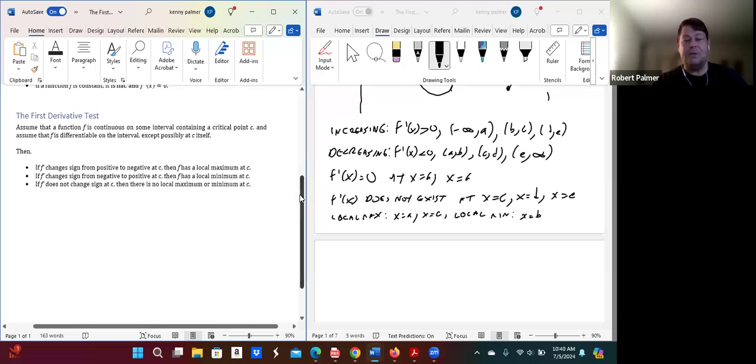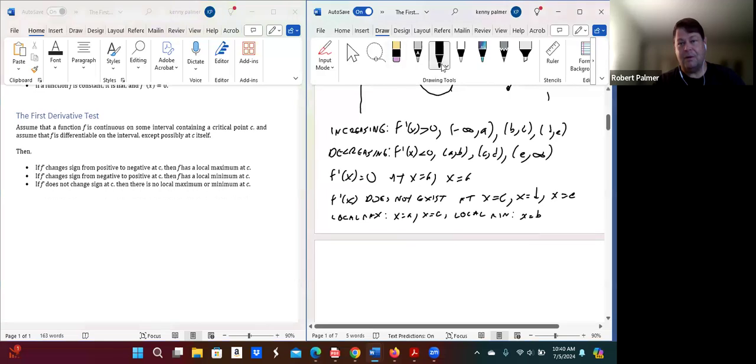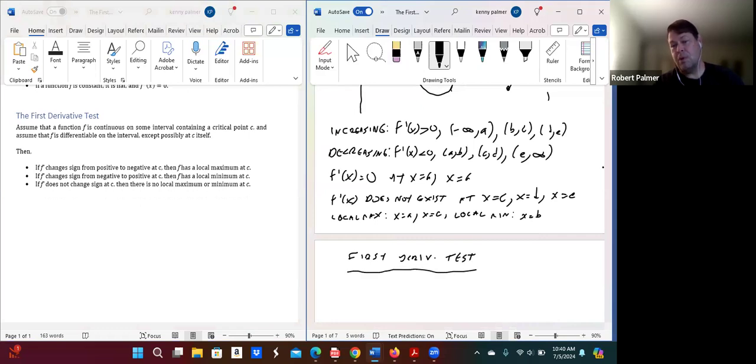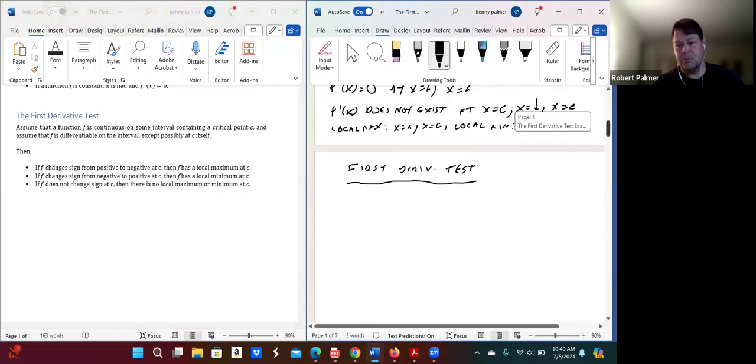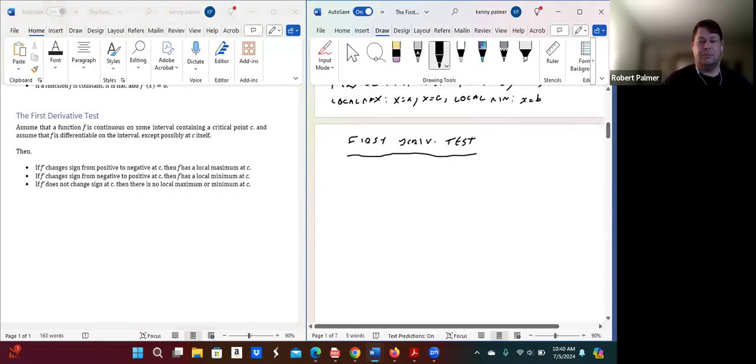Okay, so let's look at our first example of using the first derivative test. All right, so let's start with a function, and we'll see how this works and how we can actually find it.